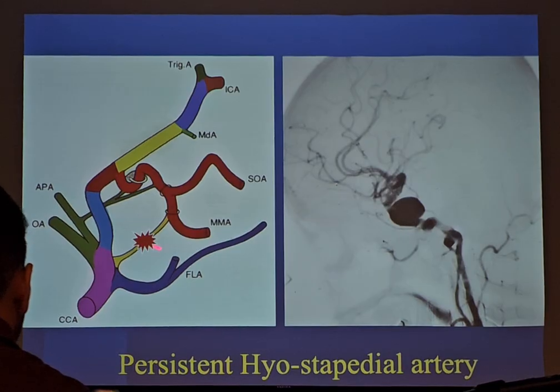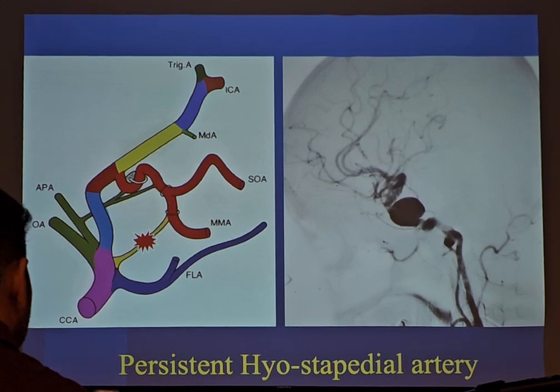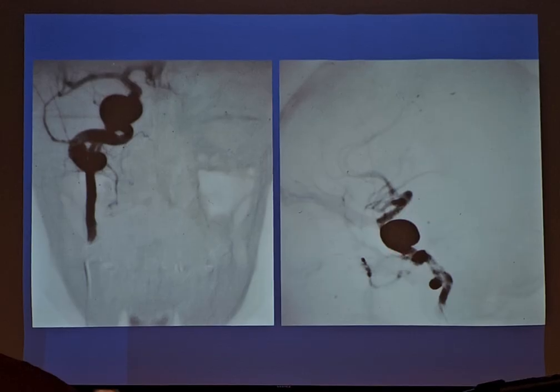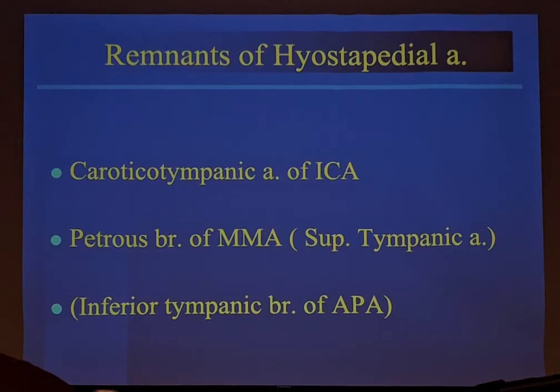Because this connection didn't happen, the internal maxillary artery is persistently filling from the internal carotid artery. This selective injection shows the internal maxillary artery is coming from the internal carotid artery, as well as the middle meningeal artery, which has the same origin.